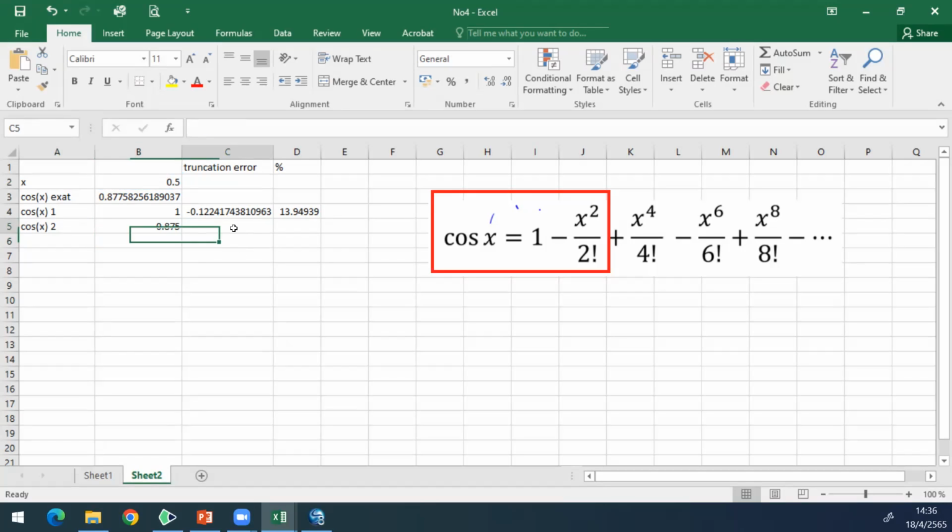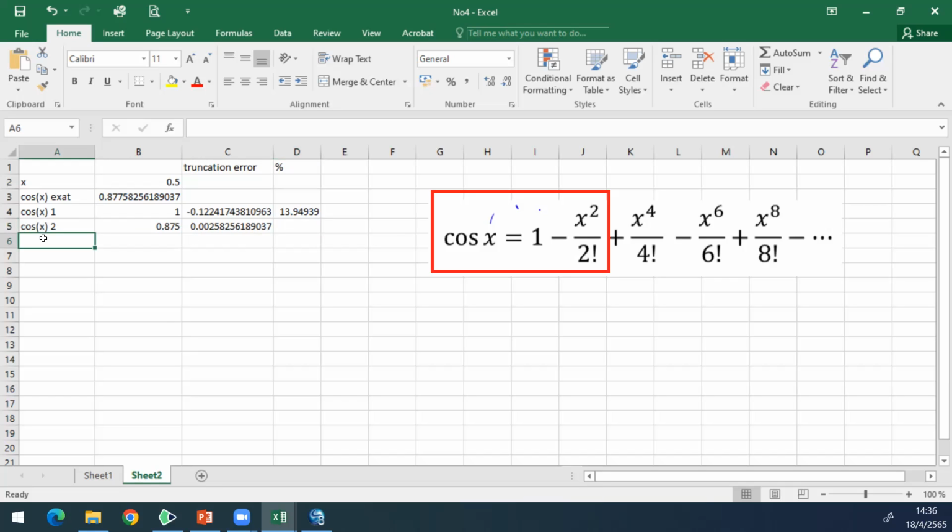So what is the error? The error becomes this. And the percent error is the same, right? I will not calculate it; I will just tell you the truncation error. All right.